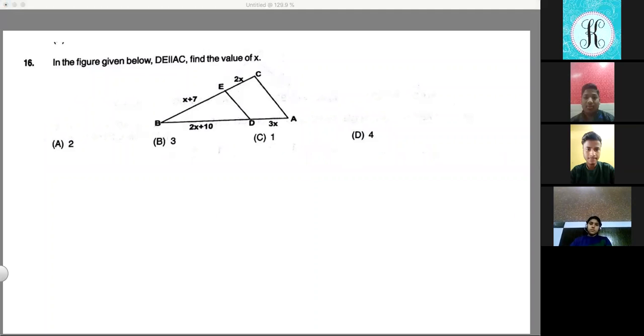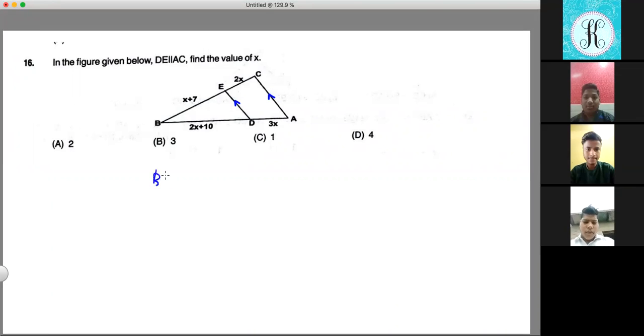In the figure given below, DE is parallel to AC. So these two are parallel lines. Find the value of x. What will we use here? We'll use which property? Anybody can answer that?